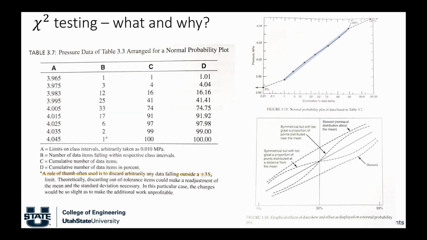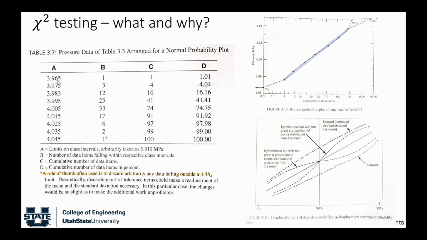Before we get to the table itself, there is this data set of pressure, and it has been rearranged into a data set that allows us to do this normal probability plot over here. In column A, we have the limits on class intervals, and we arbitrarily took it to be 0.010 megapascal.